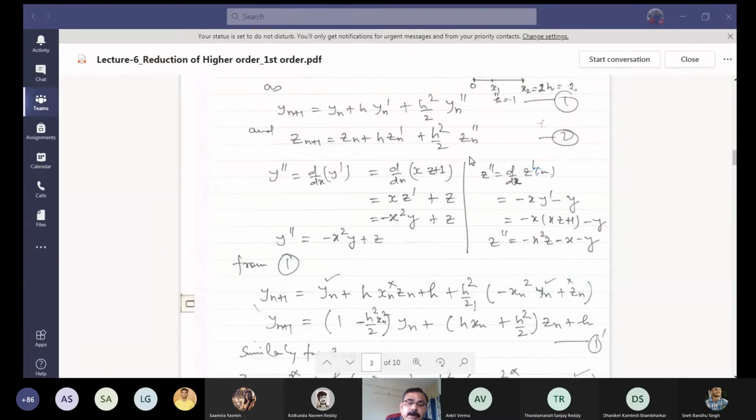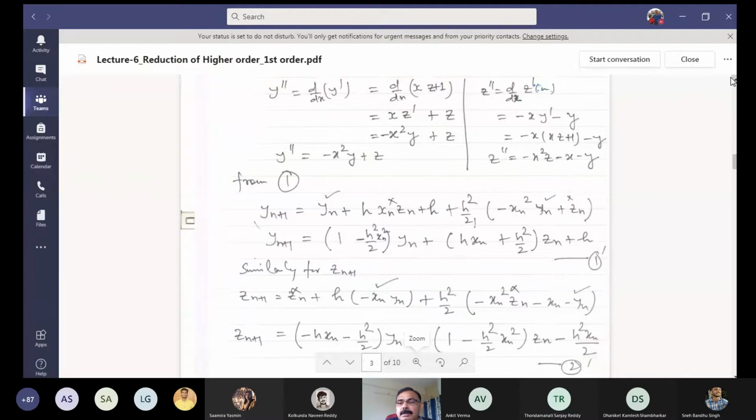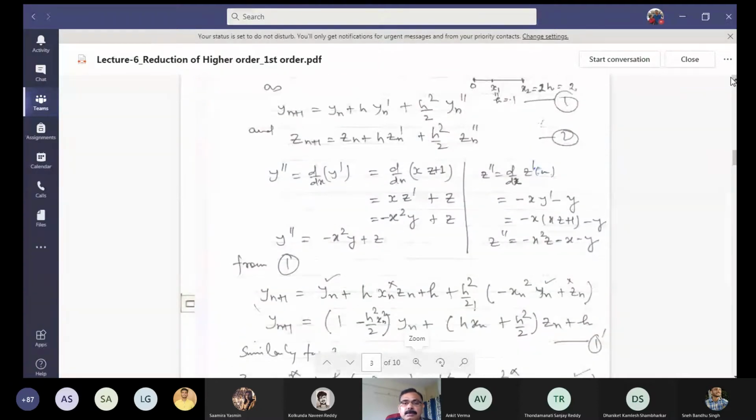Both the values, y double prime and z double prime. Put it back and then see what we are getting. I require up to this much. Okay. So y(n+1) equal to yn plus h yn prime plus h square by 2 yn double prime.